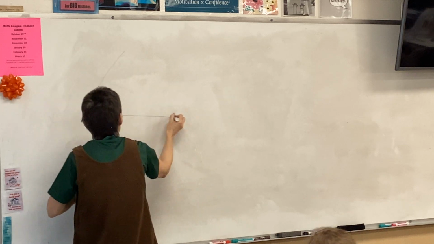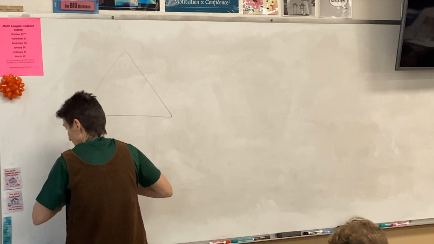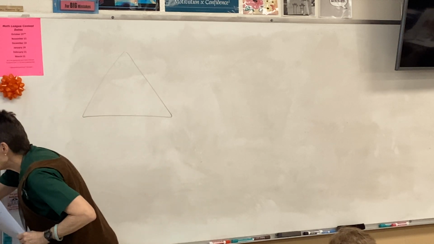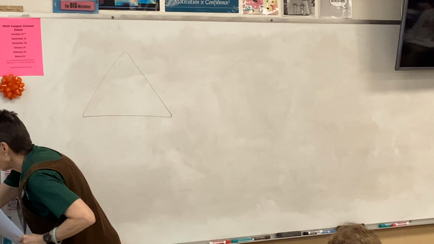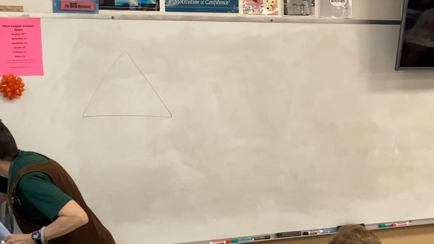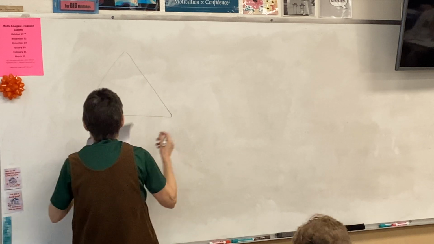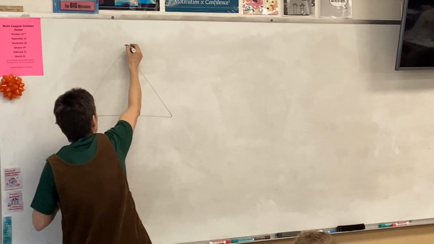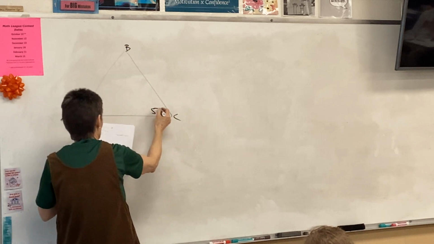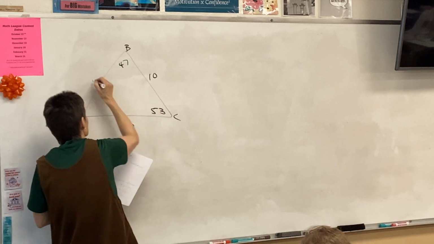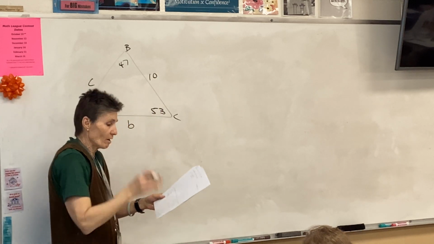All right, so what do we got? Solve the following triangle. All right, we know what that means. That means find everything that is missing. All right, so what do we know? We got A, B, C. All right, so what do you notice right off the bat?